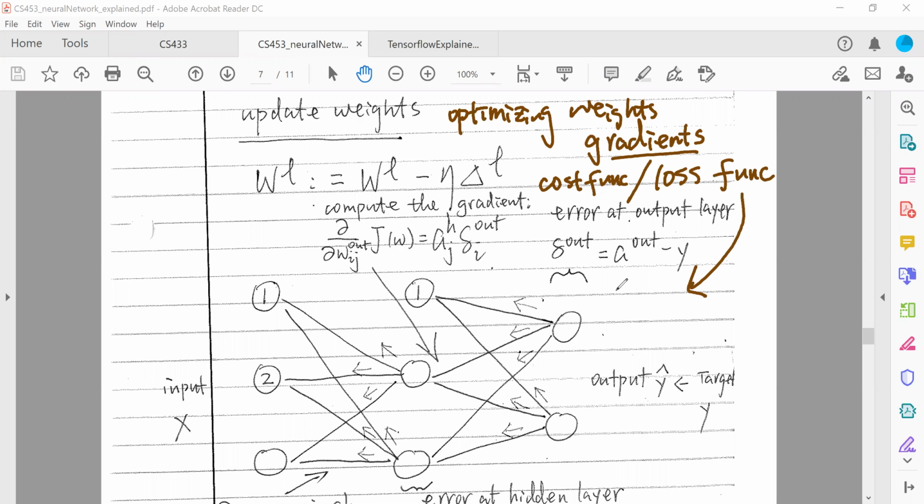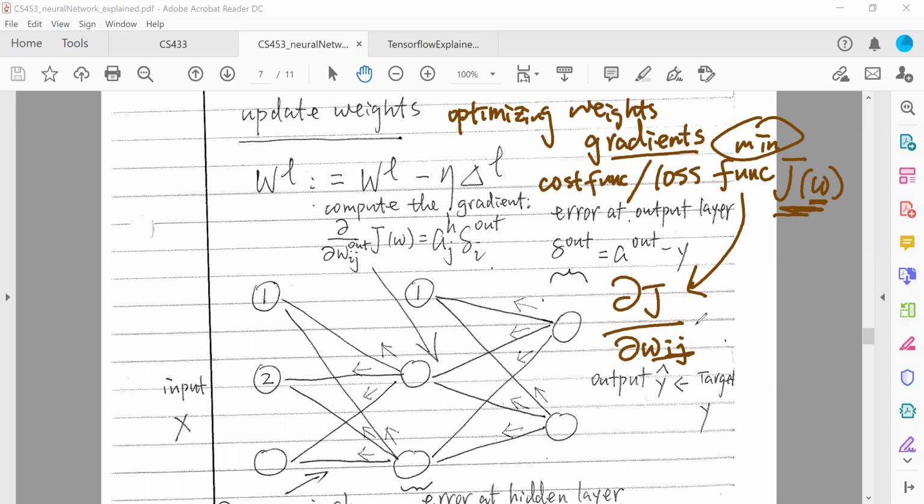The goal is to minimize it, and generally we write it as J, regarding the weights. So we do partial derivatives with respect to different weights, with i and j subscripts. That's the overall goal: minimize the loss function.